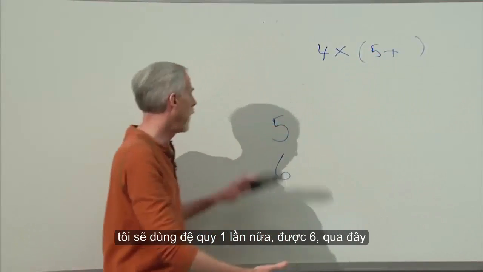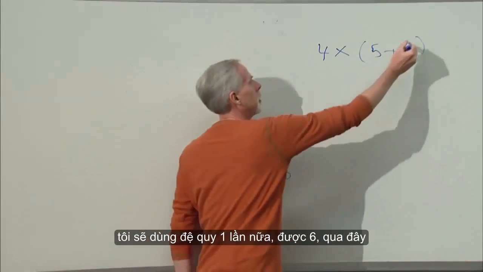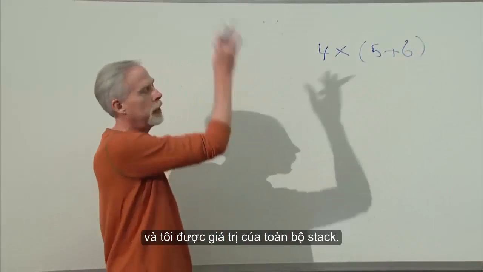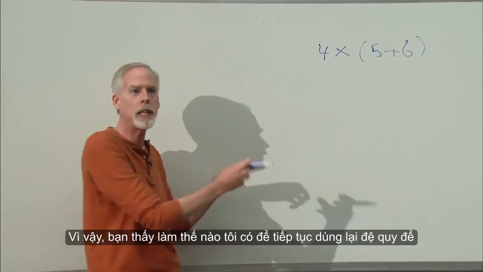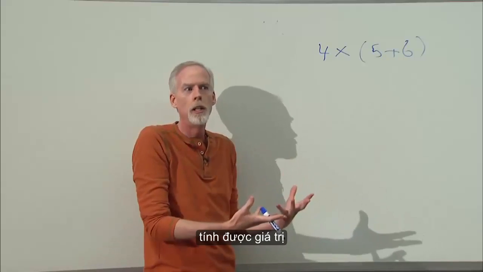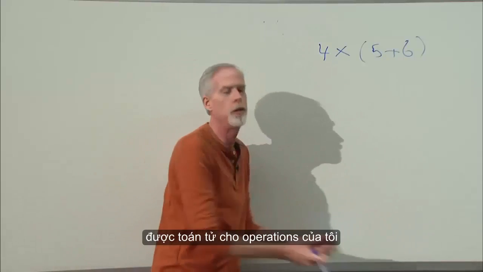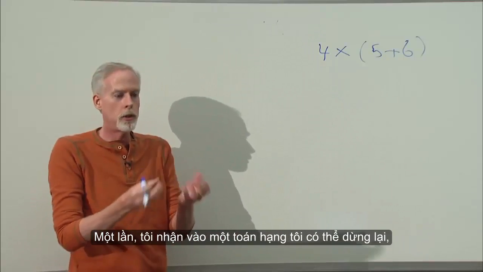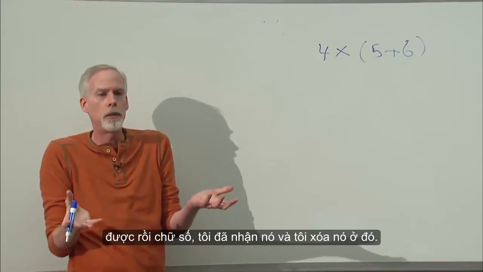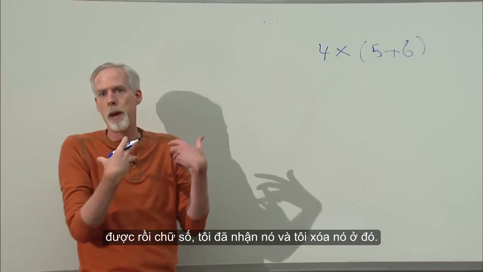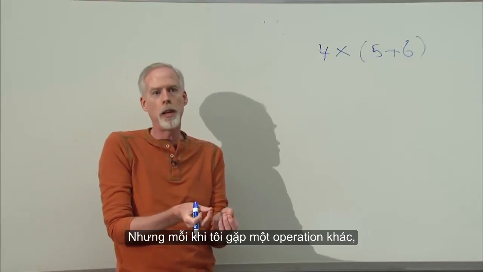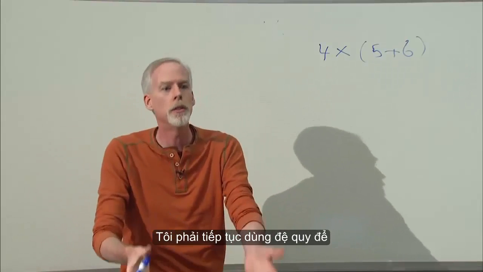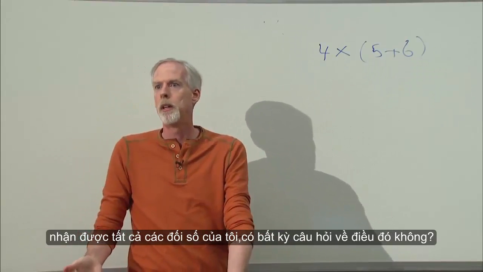I'm going to go recursive again, get the 6 over here, and I've evaluated the whole stack. So you see how I have to keep going back recursively to my evaluate to get the operands for my operations. Once I get to an operand, I can stop. As a number, I got it, and I'm out of there. But every time I encounter another operation, I have to keep going recursively to get all my arguments. Any questions about that?